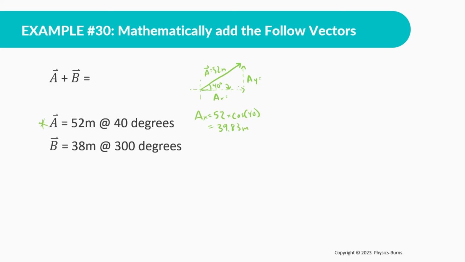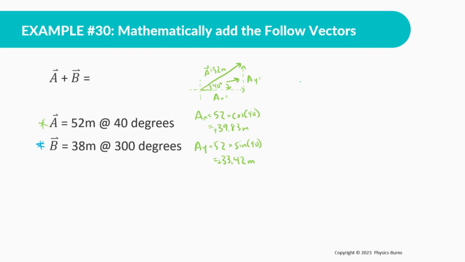Okay, and then this y side is the opposite, so a sub y is equal to 52, which is the hypotenuse, times sine of 40. That's 33.42 meters. And these are both positive. Okay, again, you don't have to add that, but I see so many mistakes with that, so I want to model that.